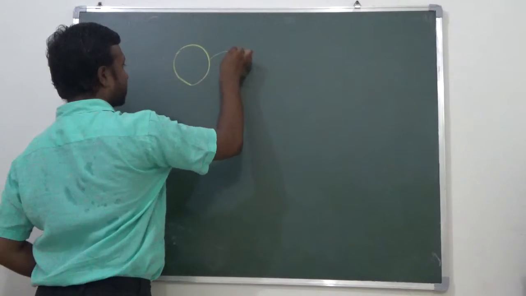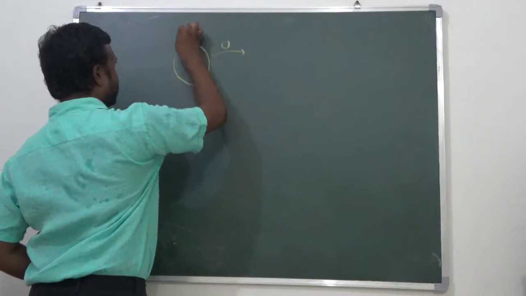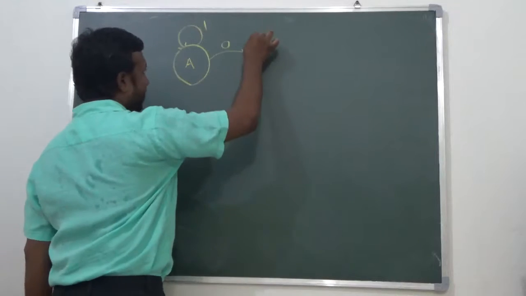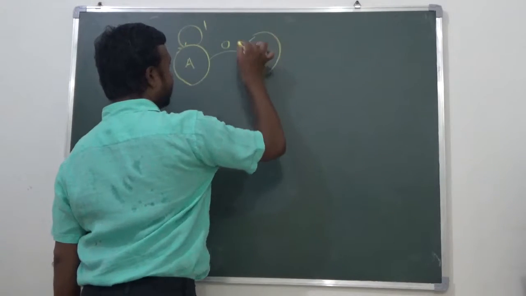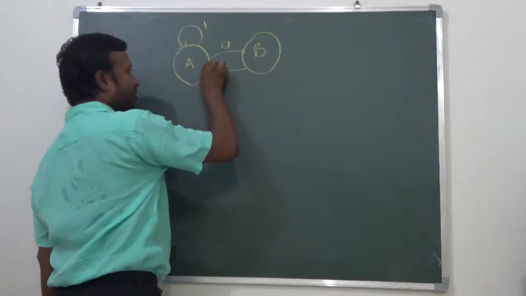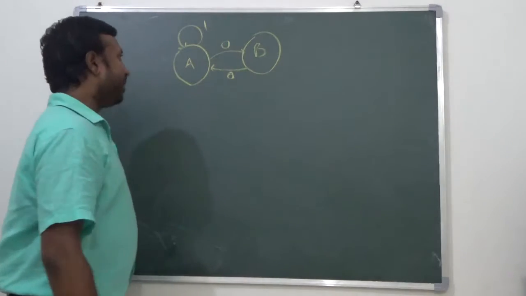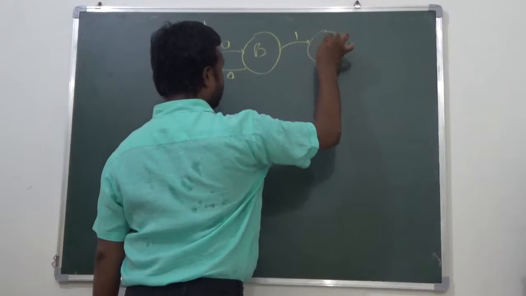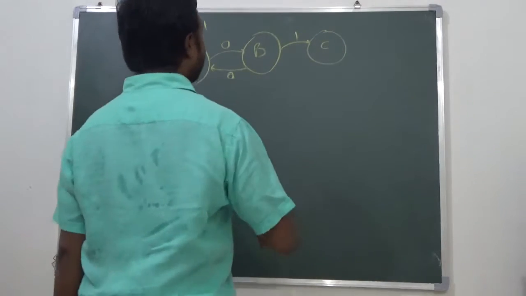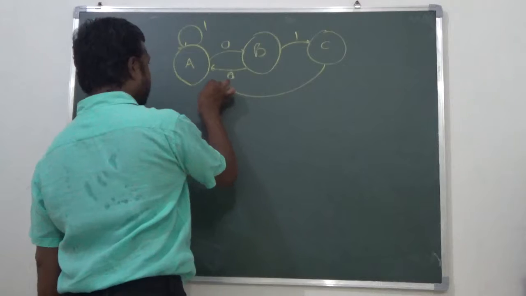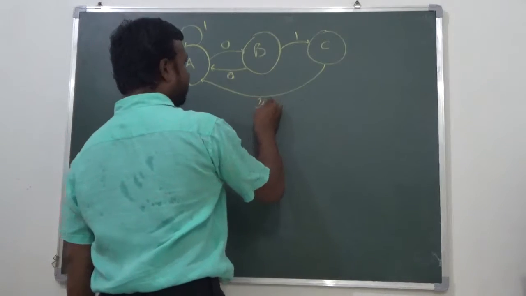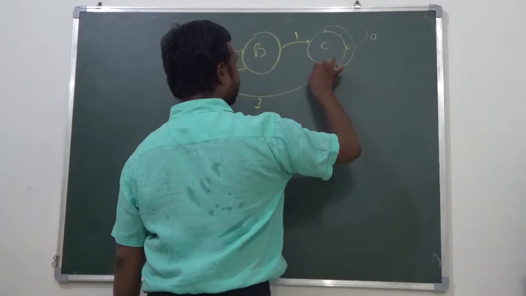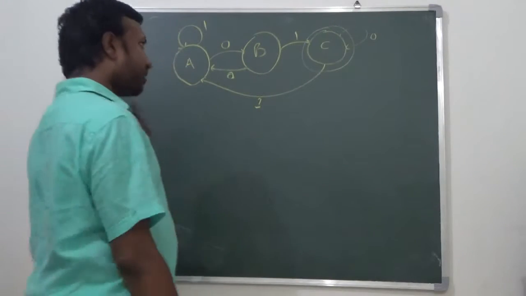Here, by having the 0, by having the 1, we come to the state A. Then by having the 0, we come to the state B. Then by having the 0, we come back to the state B. And by having a 1, we come to the state C. And then by having the 1, I come back here and by having a 0 I come back here and then I accept here, right?